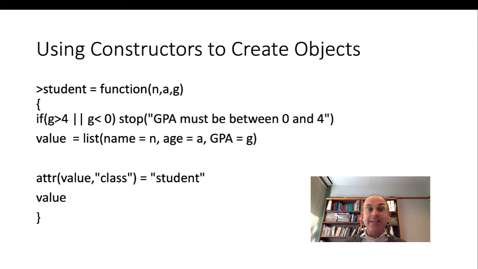In this case, I will create a function which I will call student, and in this function I will have G, A, and G, N, A, and G, and I will give it some dimension. G will be bigger than 4, and G will be smaller than 0, and stop, and I will give some value, and I will run it.